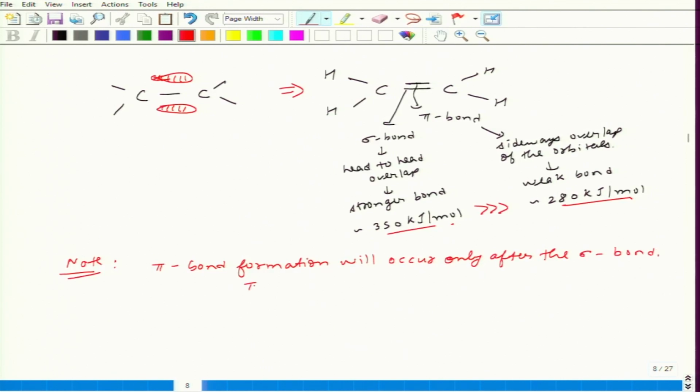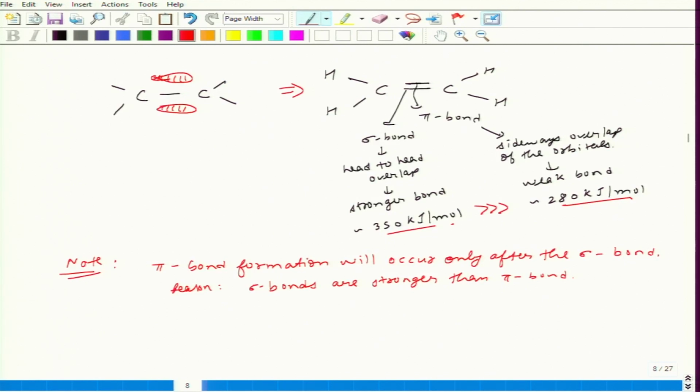The reason is that sigma bonds are stronger than pi bonds. And as the rule of nature states, obviously the stronger things will form earlier than the weaker things.